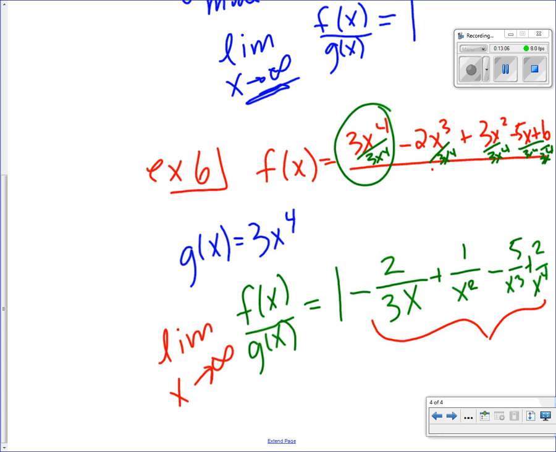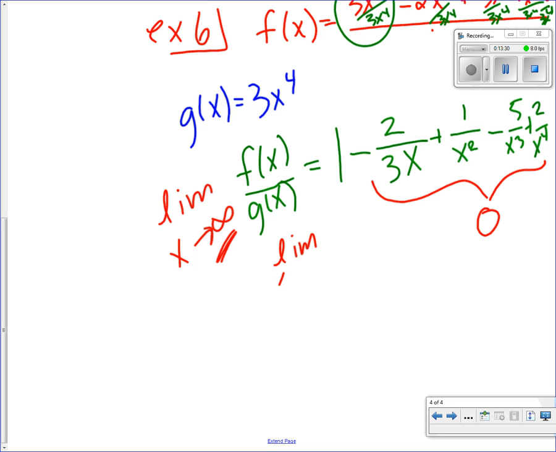If I divide one piece of pizza into 100 pieces, each piece gets smaller. 1,000 pieces, really small. 10,000 pieces of one pizza, really, really small. As x gets close to infinity, each of these pieces is getting really close to 0. So the limit here is just 1. The limit of f divided by g is 1.